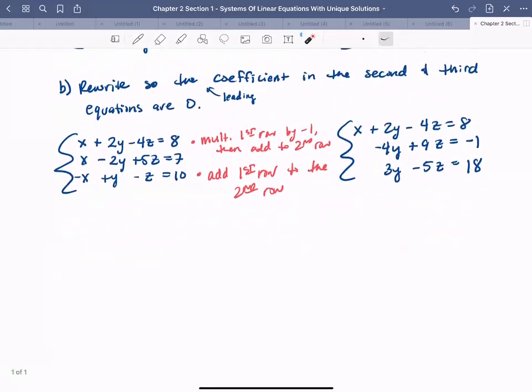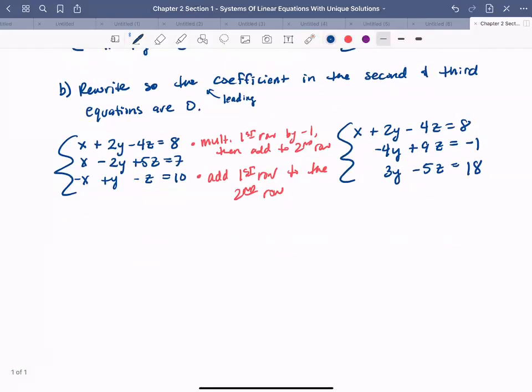So what it looks like is we're going to rewrite a system as an array, and how you do that is you only use coefficients.